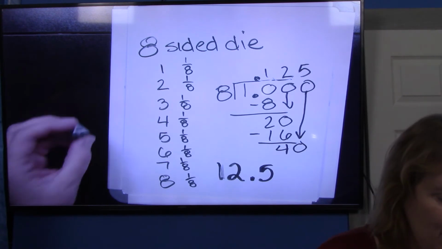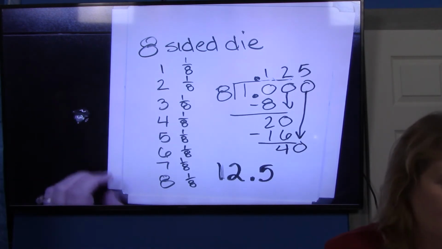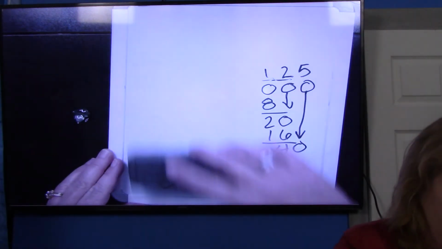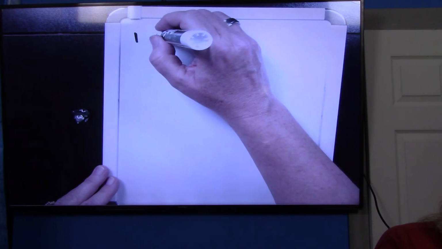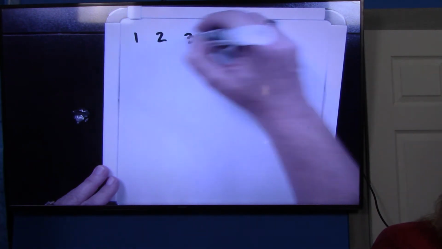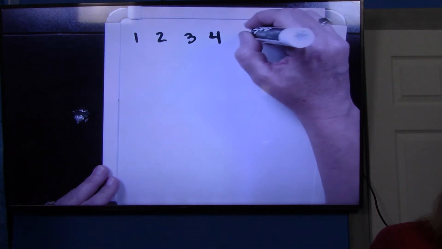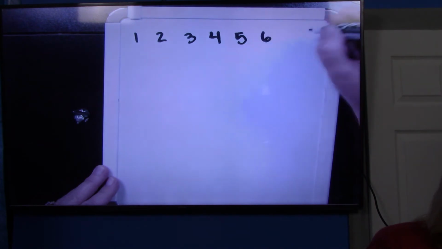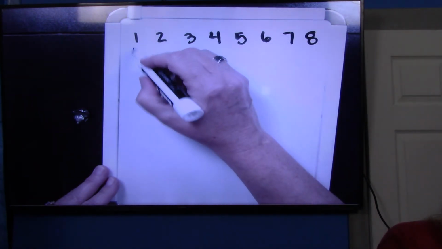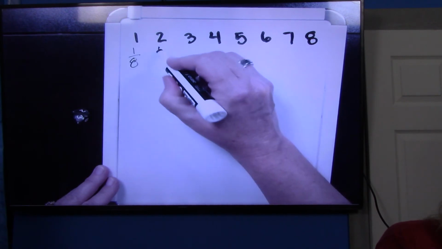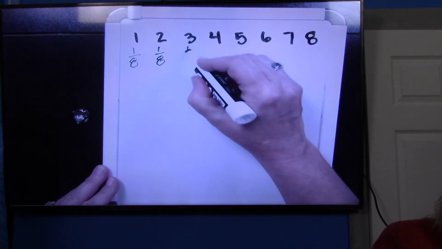So let's take a look at the possibilities again. I have 1, 2, 3, 4, 5, 6, 7, 8. And each one of these is 1/8 chance of getting selected.